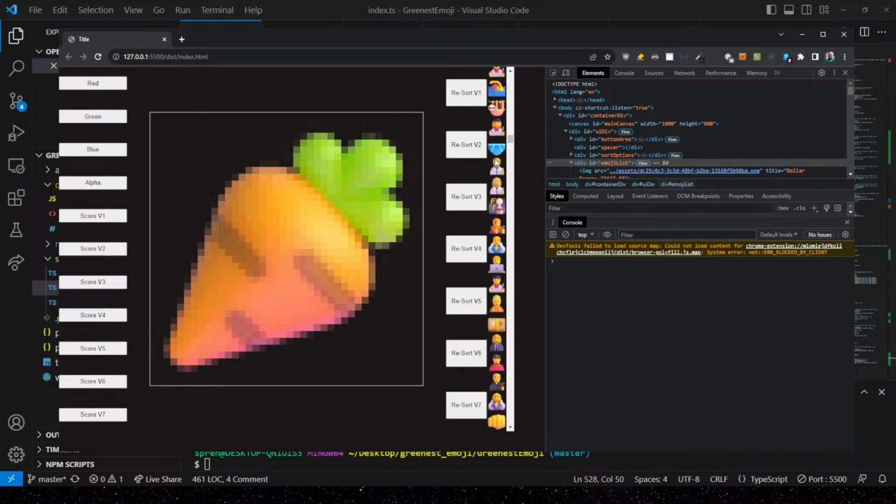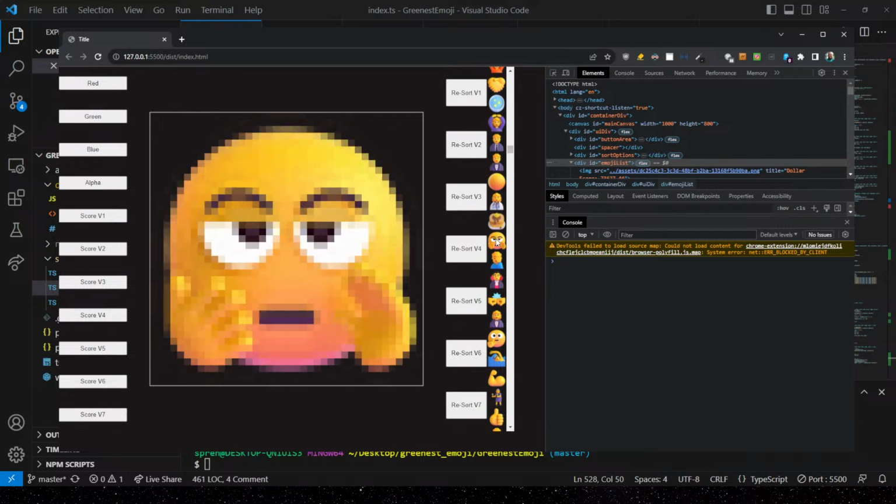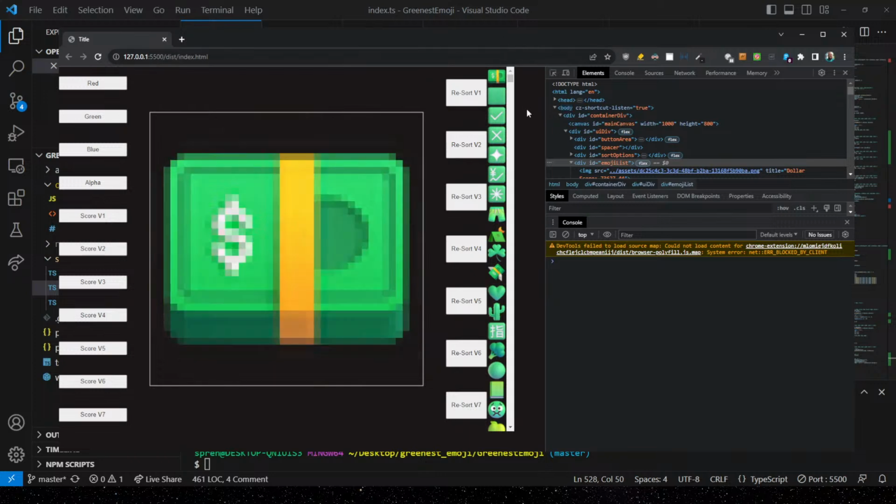Like nowhere? Yeah, V5 is really good. Sarcastic. That's a good emoji. Interesting. Okay. So V5 is actually really good. It just has a problem with yellows.